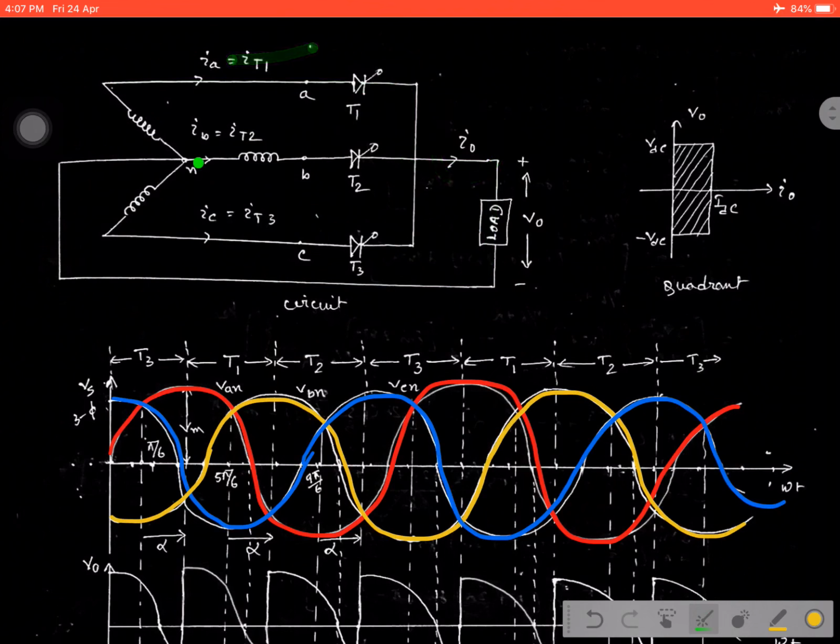Next, IT2 starts flowing when T2 is fired. Similarly, IT3 starts flowing to the load when T3 is fired. In all the cases, IT1 plus IT2 plus IT3 will give you the actual output current.